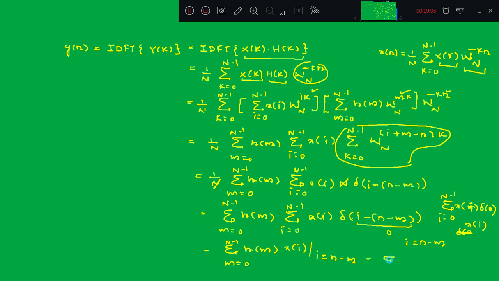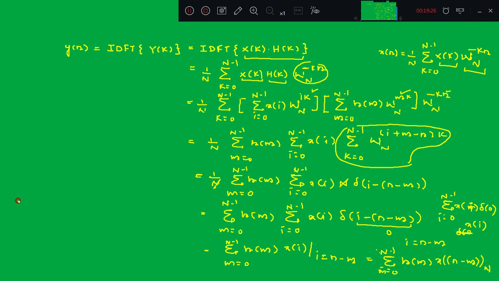Therefore, summation m equal to 0 to N minus 1, and here it is h of m, and here I have to replace i by n minus m. So x of n minus m, right? So this is y of n.